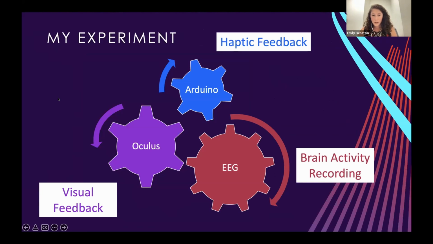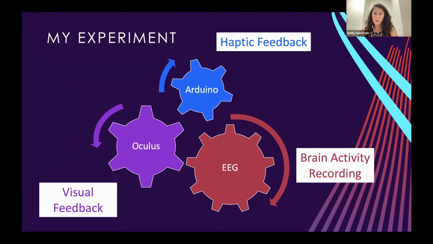My experiment uses three different pieces of technology to study active and passive touch. The first piece is EEG, which will record the brain activity throughout the entire experiment. The second uses the Oculus to provide some visual targets.